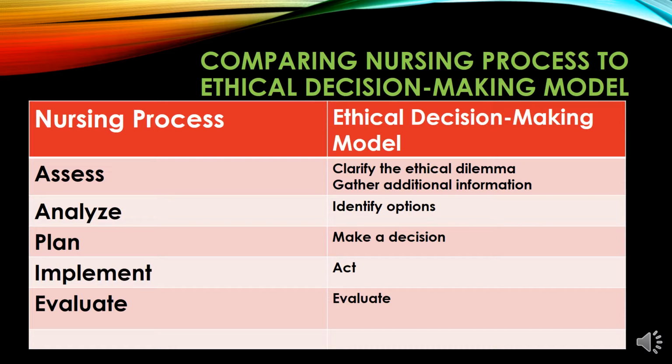Analyzing would be the point in the ethical decision-making model where you are looking at your options. Planning in the nursing process would be the same as making a decision in the ethical decision-making model. Implementing is the same as acting, and both phases end with an evaluation.